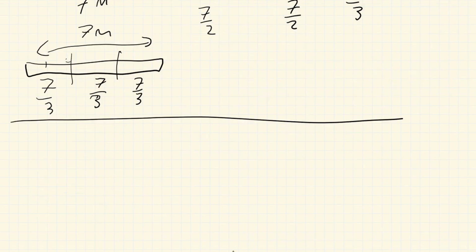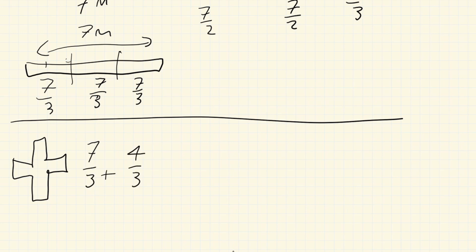So how do we add fractions? Well, we're actually going to have to do this twice. So 7 over 3, add 4 over 3. If the bottom number is the same, which is called this lovely word, denominator, then we can just add the top numbers to get the answer.